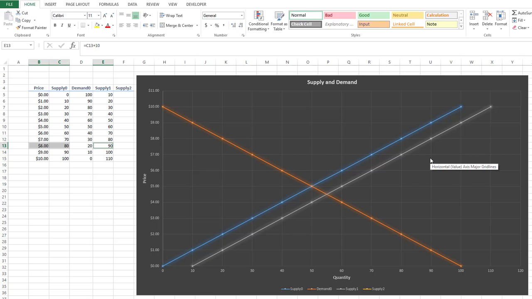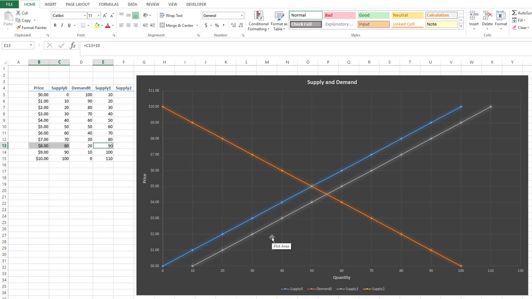Maybe the price of competing goods like pizza declined, and businesses are switching over to the hamburger market. Maybe the number of hamburger restaurants in the area increased, and so you'll see more supply at every given price point.